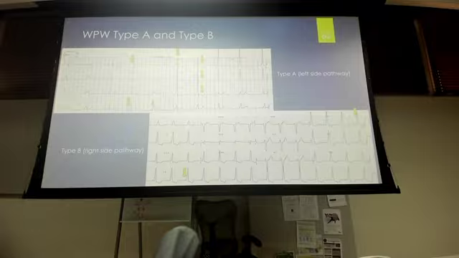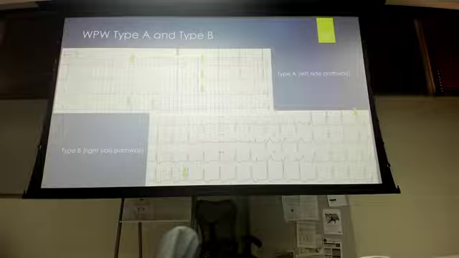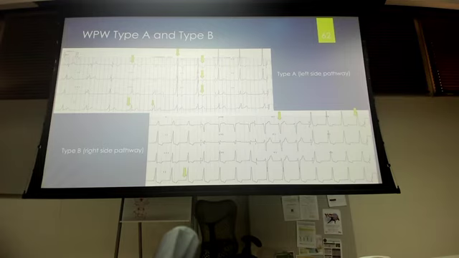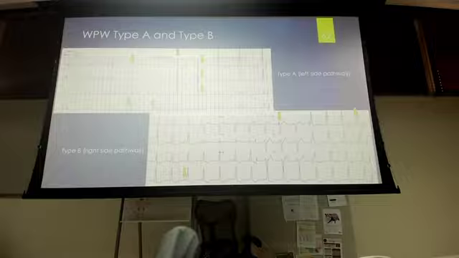That T wave is not following the path of our QRS complex. That's how we know it's a type A left-sided, because the prominent R wave has these inversions. For our type B, our right-sided pathway, look at our R wave. Is it normal for us to have a little R wave in V1 and a deep S wave?